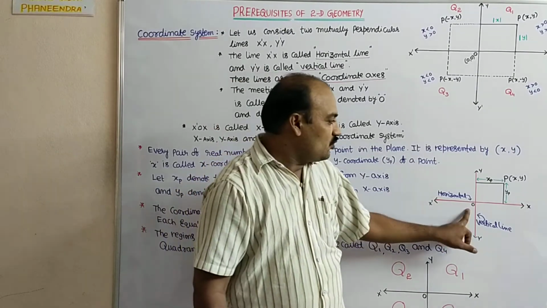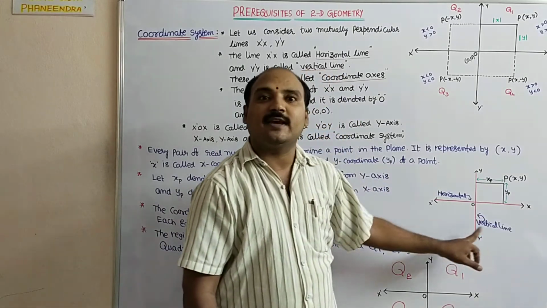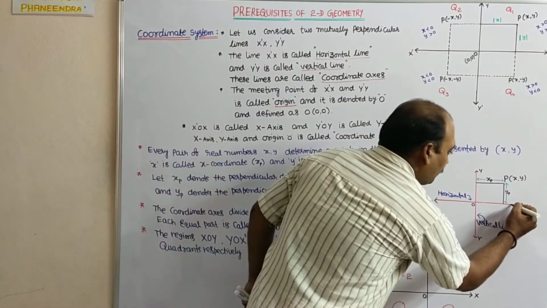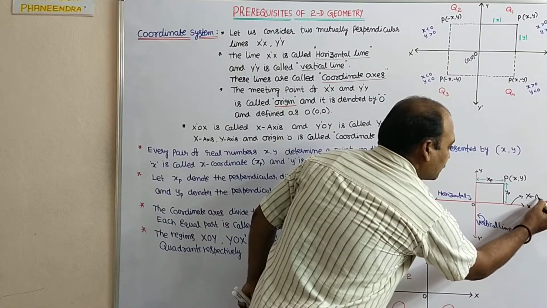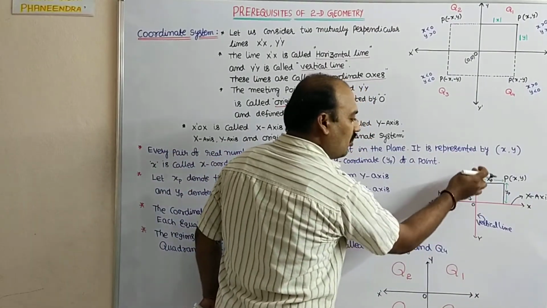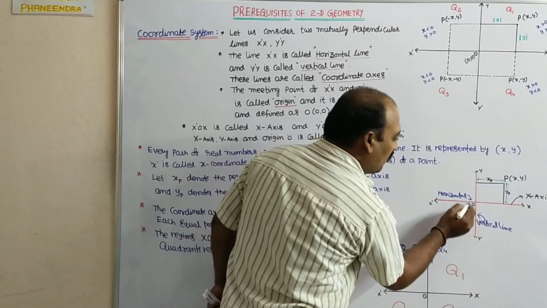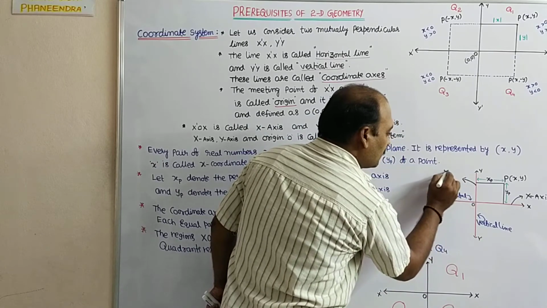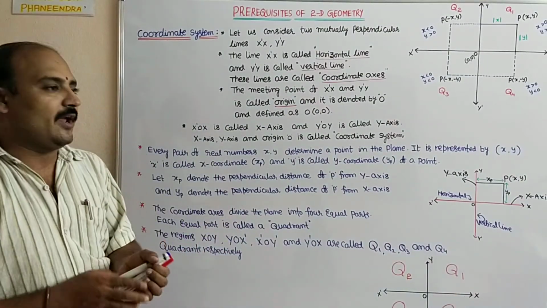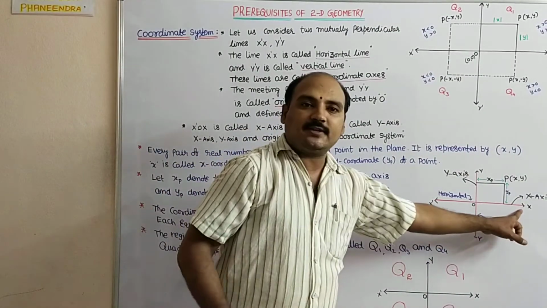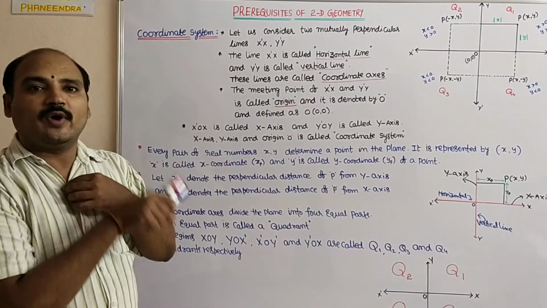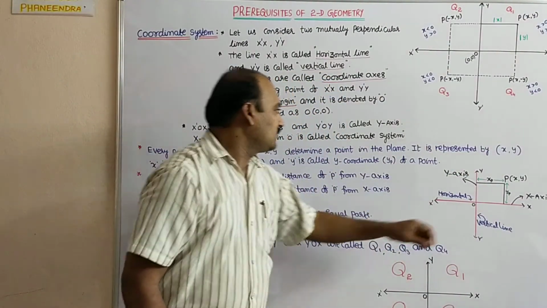Now, x dash OX is called the x-axis. Similarly, y dash OY is called the y-axis.